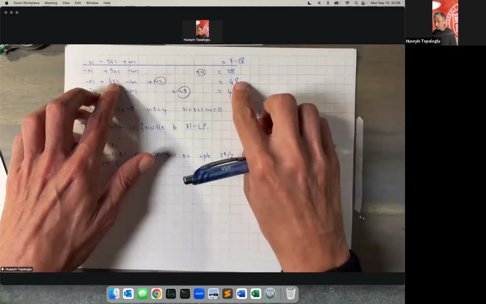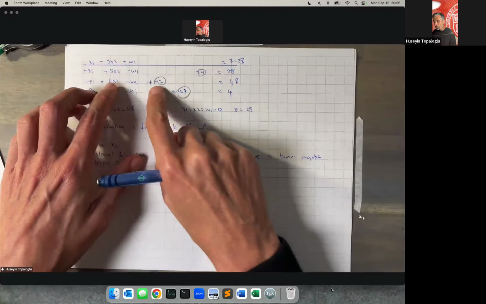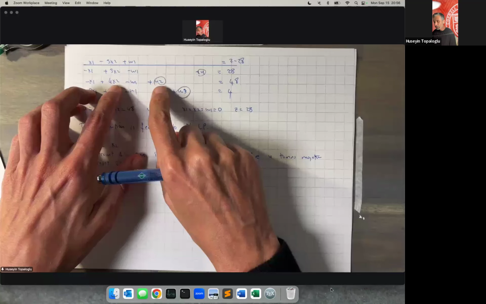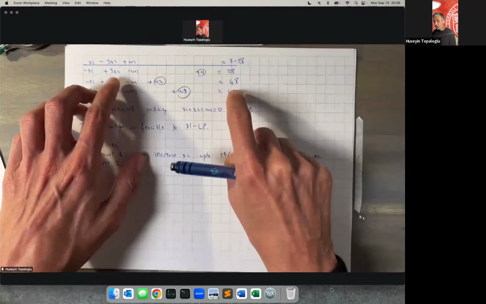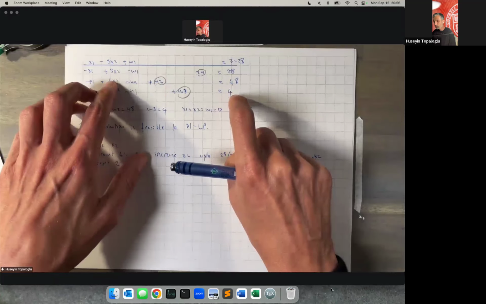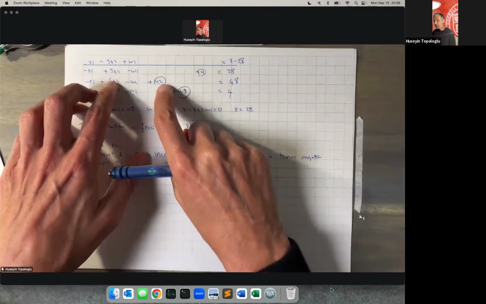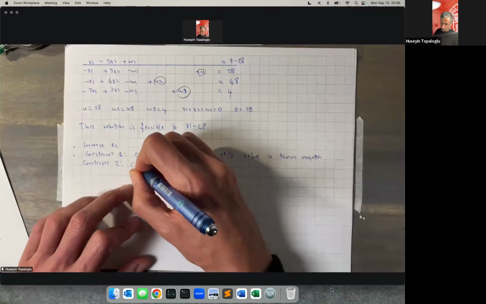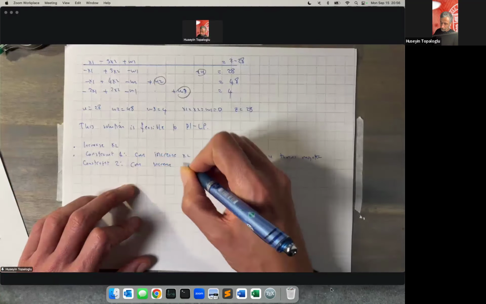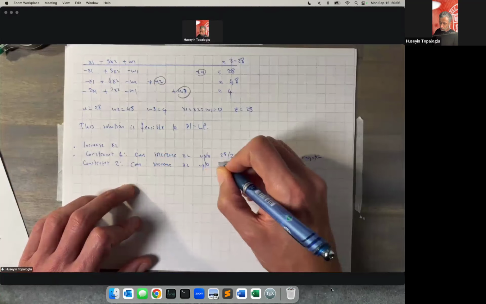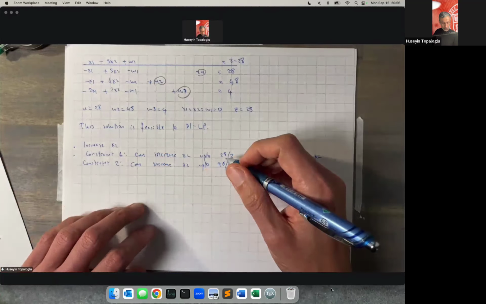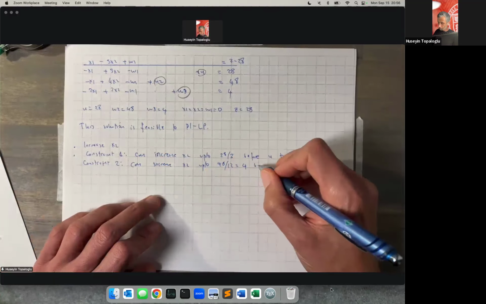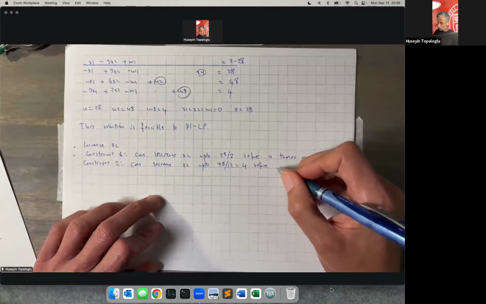From the second constraint, what is the largest that I can increase X2 up to before W2 turns negative? It is 48 over 4. That's a 12. When X2 is equal to 12, this is going to be 48. So then W2 has to turn to 0 at that point. I can increase X2 up to 48 divided by 12, that's a 4, before W2 turns negative.